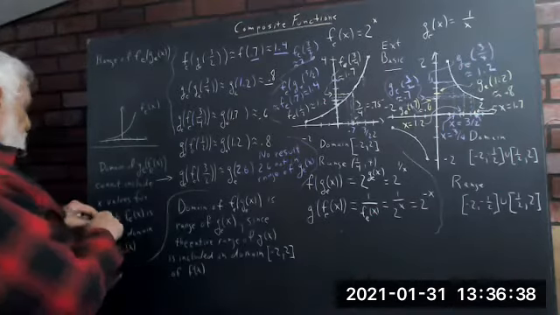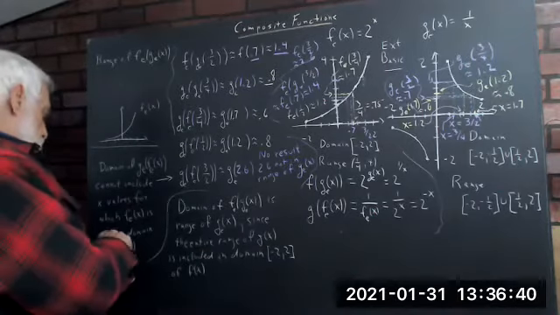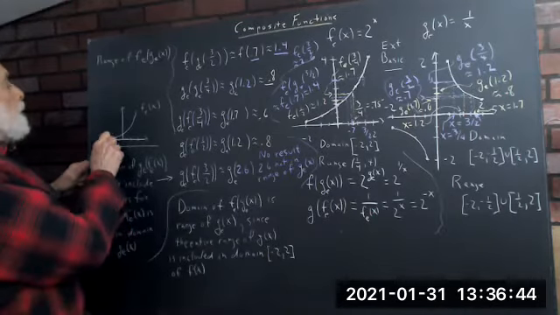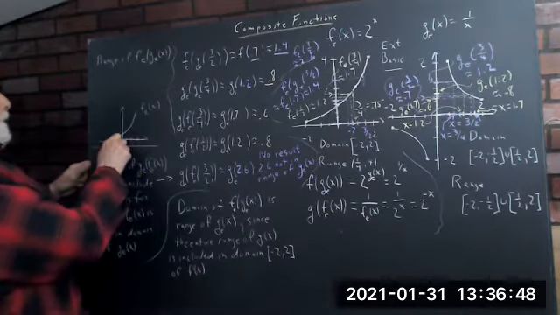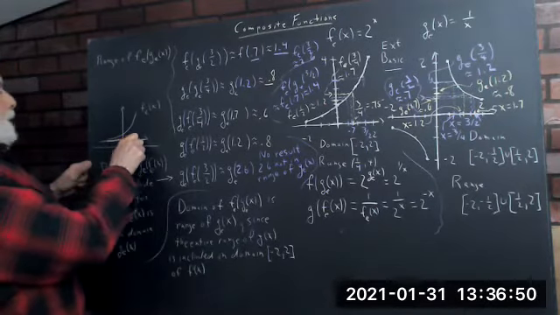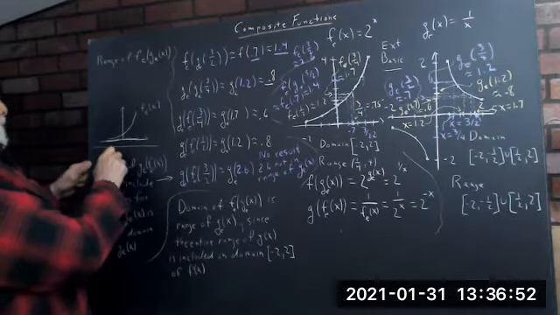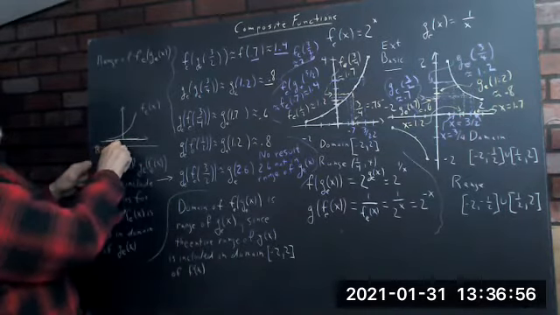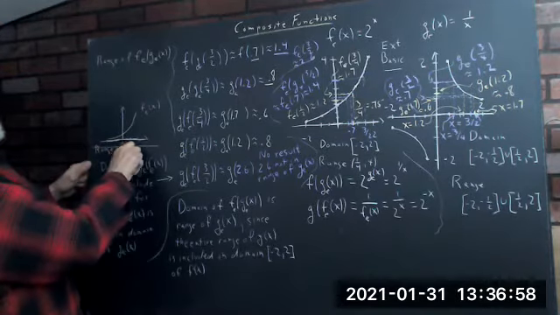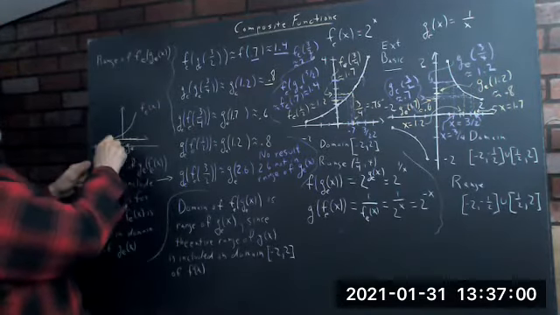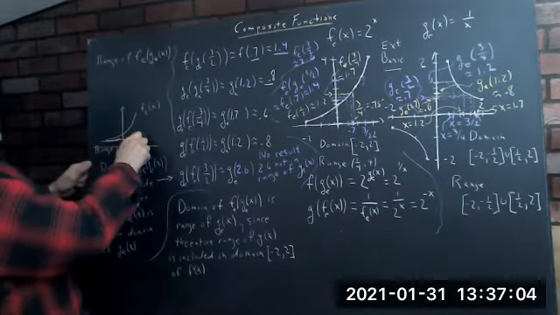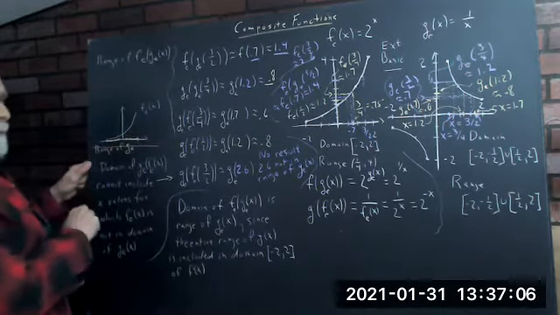So here's part of the range, and here's the range. Okay, so this is the range of g sub E, and there are closed dots at the ends of the range.